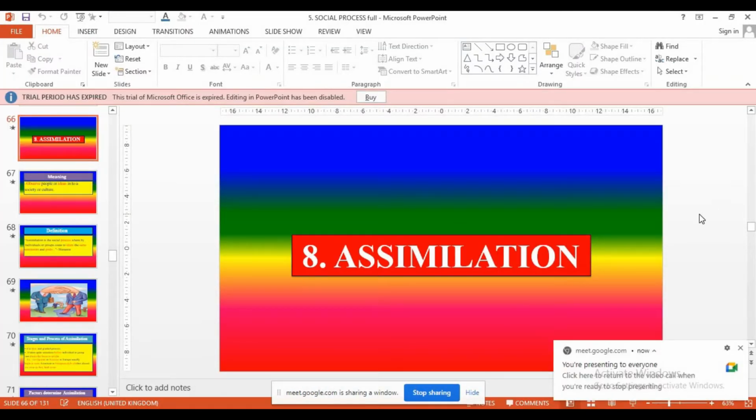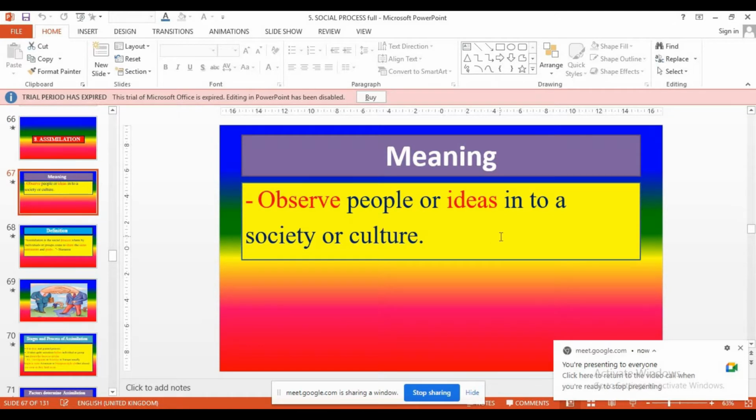Yes, assimilation. Today we start with assimilation. The word, with its prefix and suffix, assimilation, means to absorb people and ideas into your society or culture.